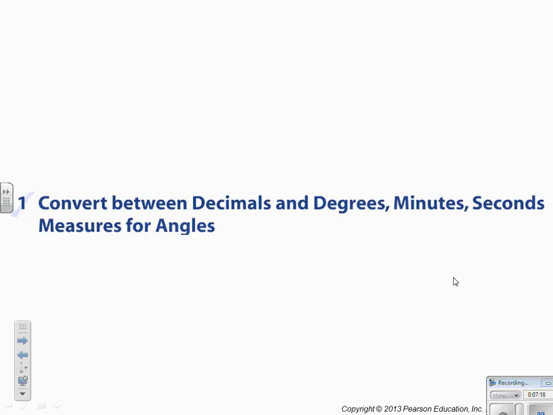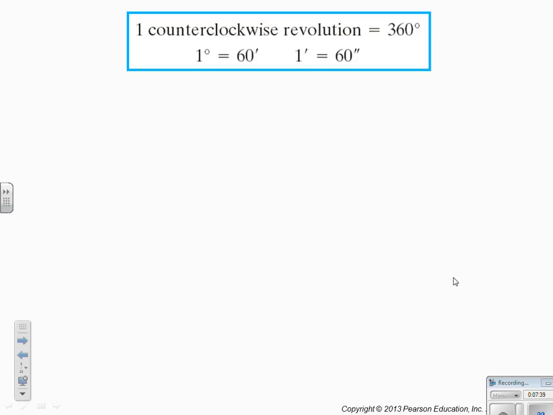All right, so now we're going to convert between decimals and degrees, minutes, seconds, when we're talking about measures for angles. I love degrees, minutes, and seconds because it reminds me of, like, I'm a little bit of a ship captain. It's how people describe coordinates.